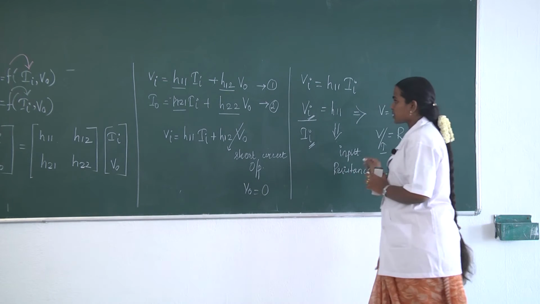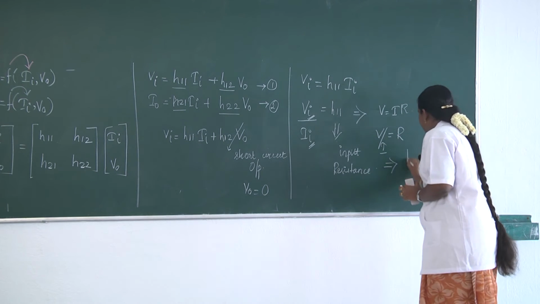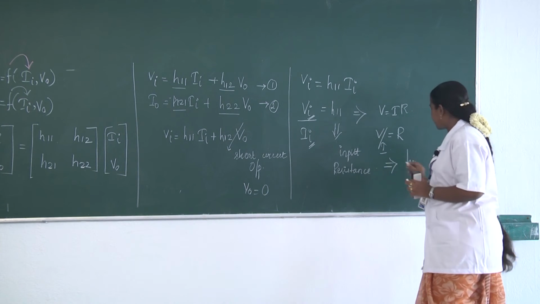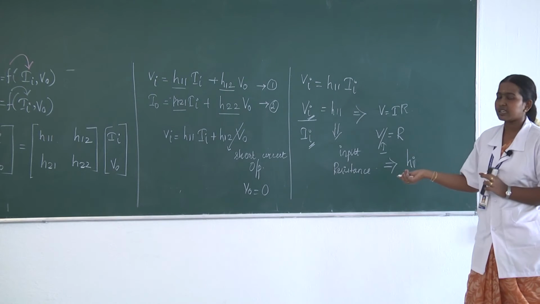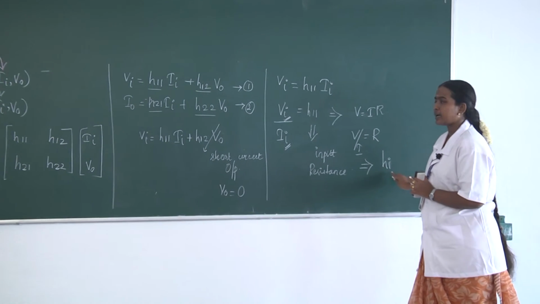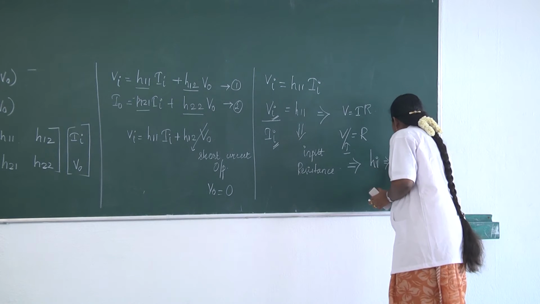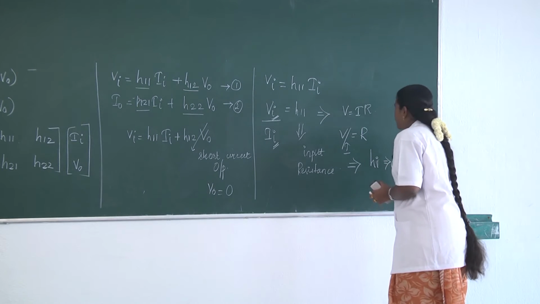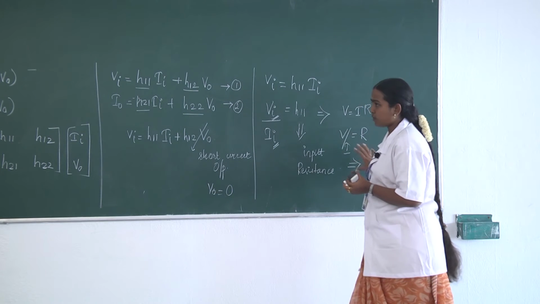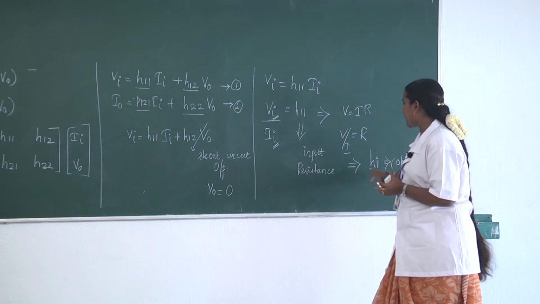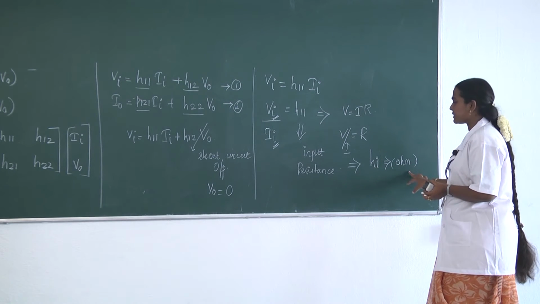So being this is called as an input resistance, we can term this H11 as HI. And the unit of resistance we all know is nothing but ohm. So now we have obtained the value of H11 and we have replaced that in terms of HI, and the unit of that HI is nothing but ohm.